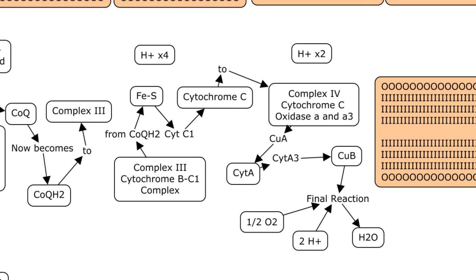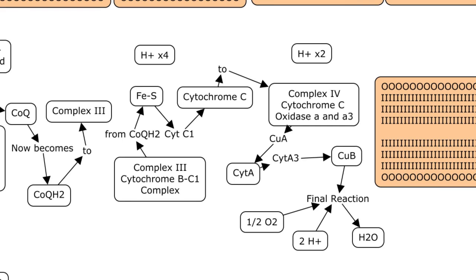And now this is going to be the site of our final reaction. The electrons that have been going all over this reaction are going to be contributed here to half of an O2, which is an O, if you think about it, and 2 H pluses, and it's going to make water, which makes sense, because water is H2O.